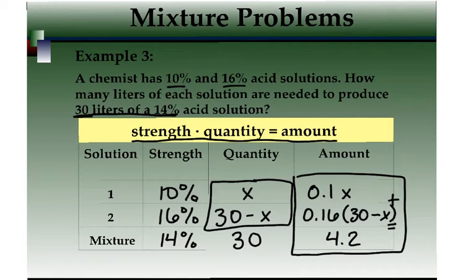And that's what we're going to solve on the next slide. What we're figuring out is our x value. After we figure out what x equals, we're going to figure out how much 10% solution and how much 16% solution we need to make that 14% acid solution that is altogether 30 liters.